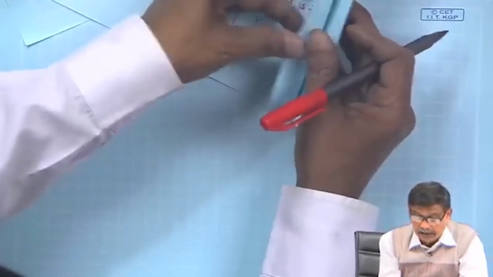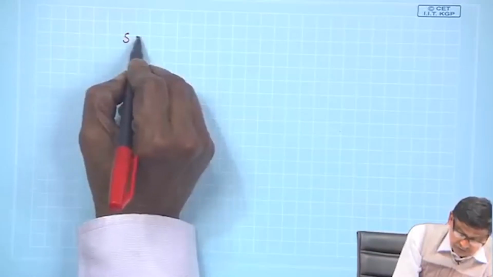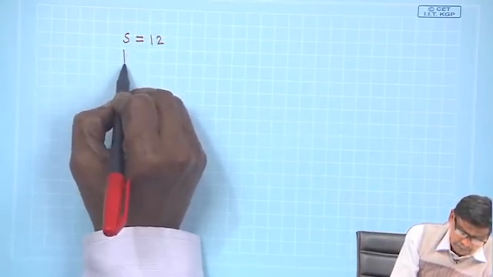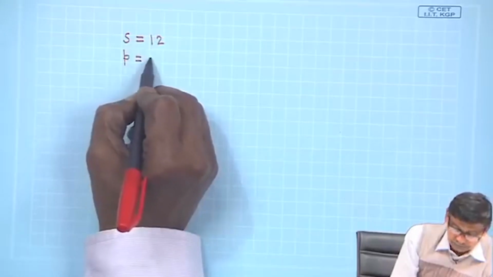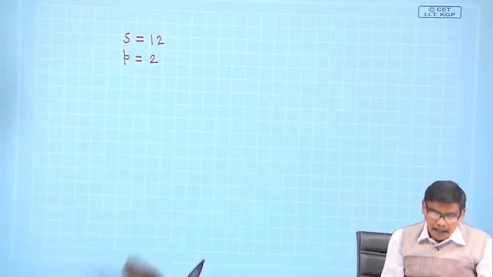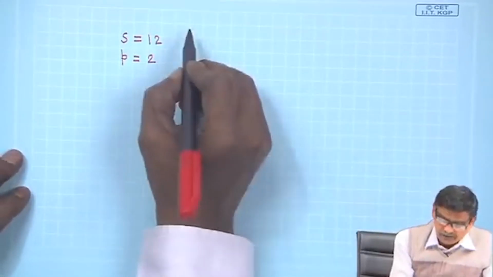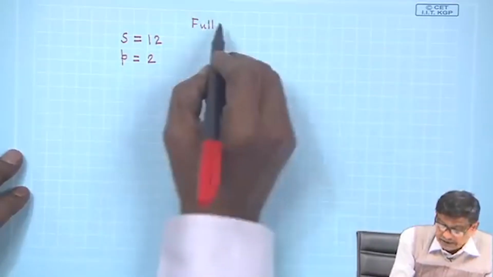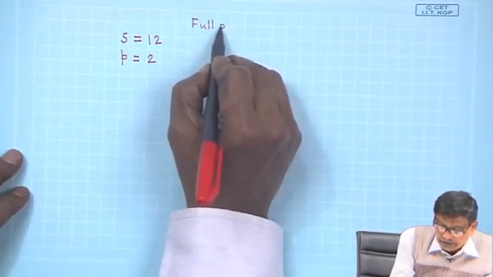That change I have already done, one example I have taken. Suppose the total number of slots is 12, no harm in repeating that problem, and P is equal to 2. So, I want to use a full pitched coil. We will come to short pitched coil slightly later.